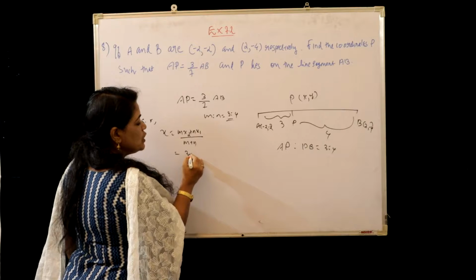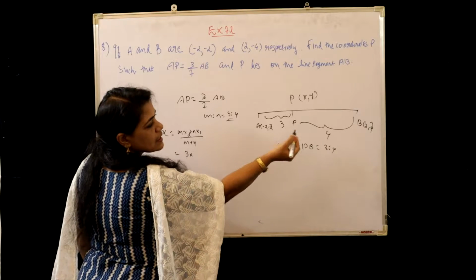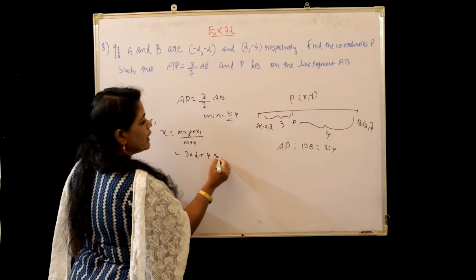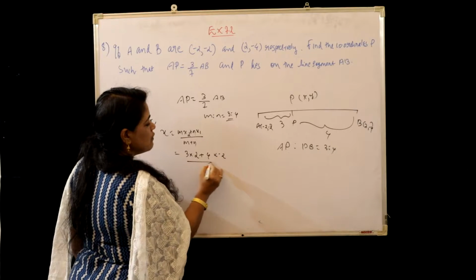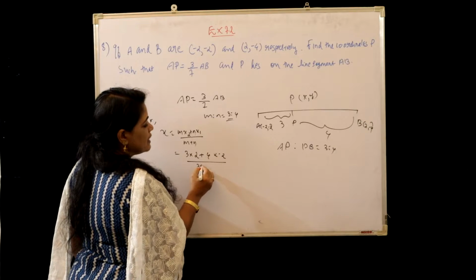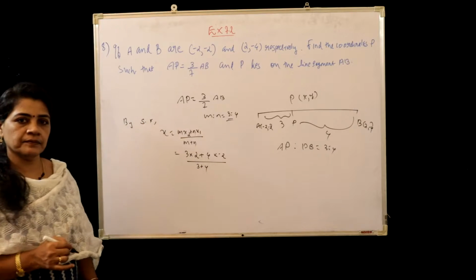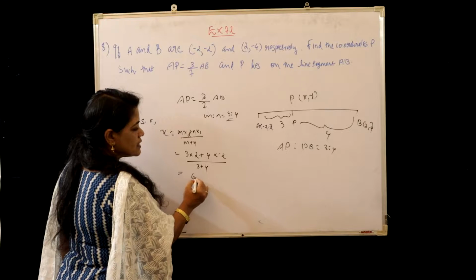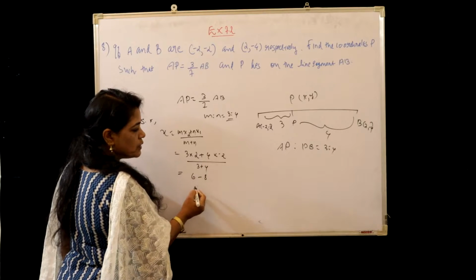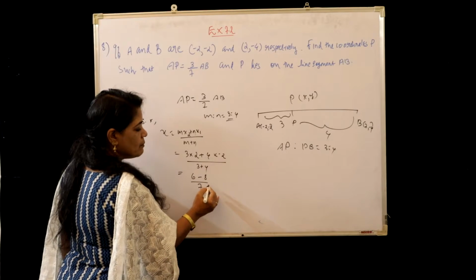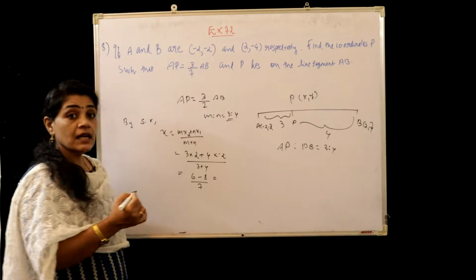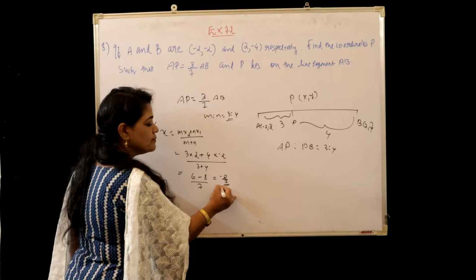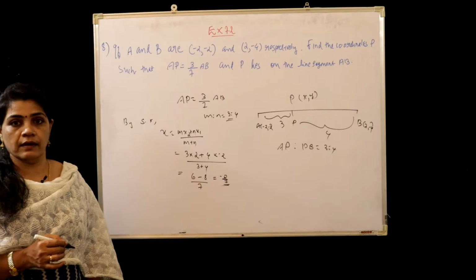So 3 into x2, where x2 is 2, plus 4 into x1, which is minus 2, divided by m plus n, 3 plus 4, that is 7. By simplification, 3 twos are 6, minus 8, 4 times minus 2 is minus 8, divided by 7, so 6 minus 8 is minus 2 by 7. This is the x coordinate of P.